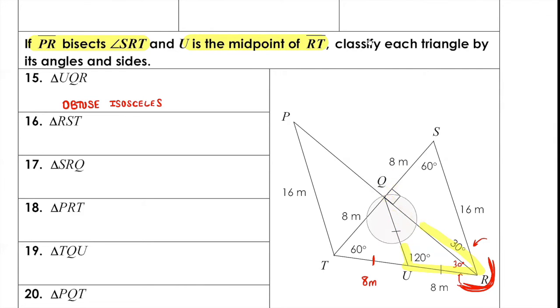That's an acute scalene. RST, acute scalene. RST, that's congruent, because that side is 16, the next side is 16, and the next side. Okay.